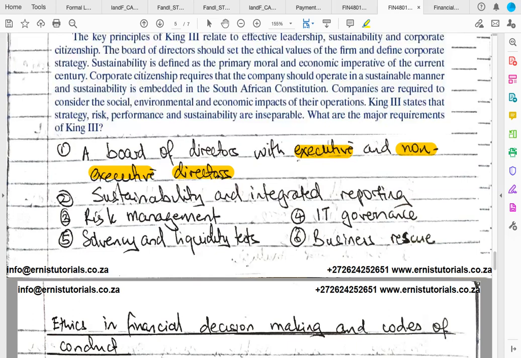These are usually directors who don't have any background with the company, as in they are appointed externally and independently, and they just act as a balancing force on the executive directors. They come into the board of directors with an impartial view, just to question some of the decisions the executive directors might be making, to keep them accountable.